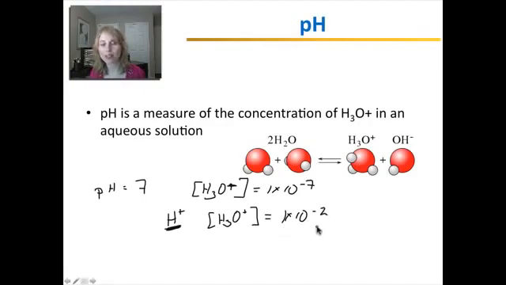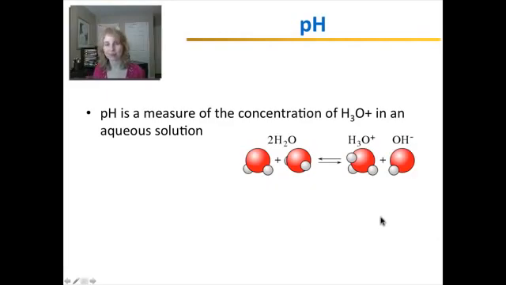Notice that 1 × 10⁻² is a bigger number than 1 × 10⁻⁷. This is a bigger number, it's a greater concentration of hydronium ions, and this gives me a pH of 2. So pH always reflects the concentration of hydronium ions.